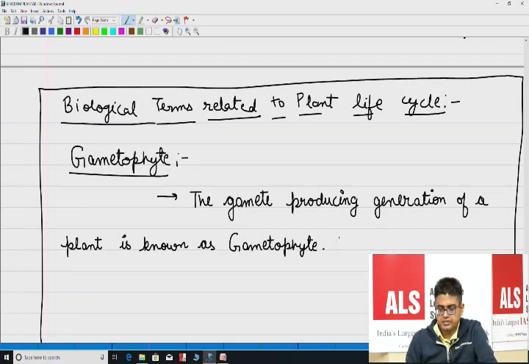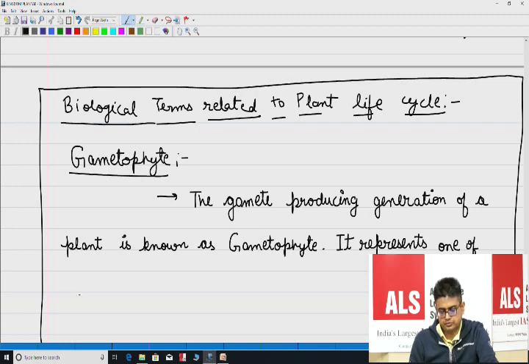It represents one of the two alternating phases in plant life cycle.